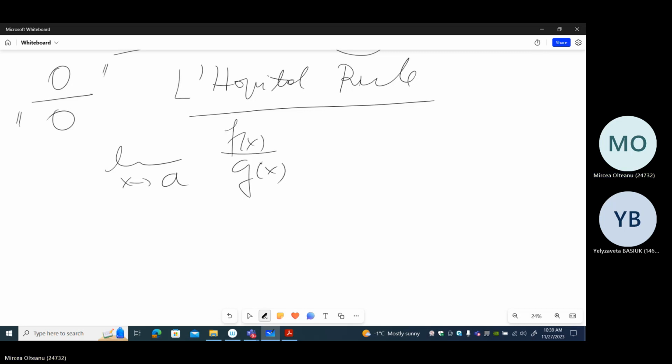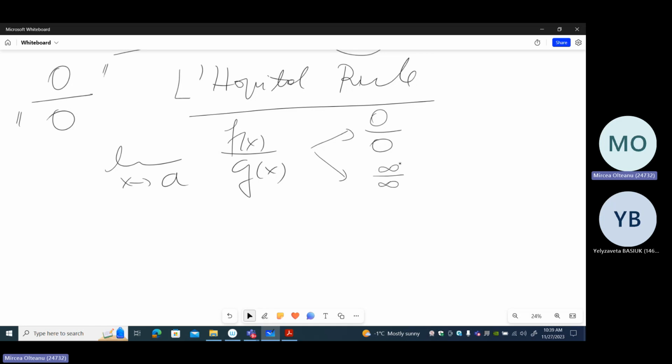And when you replace x by a, it is in the case 0 over 0 mainly, but the method can also be applied in the case infinite over infinite. We discussed this case already.